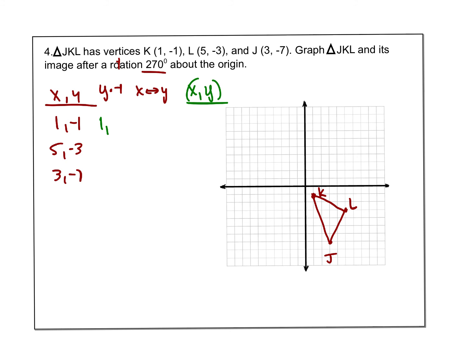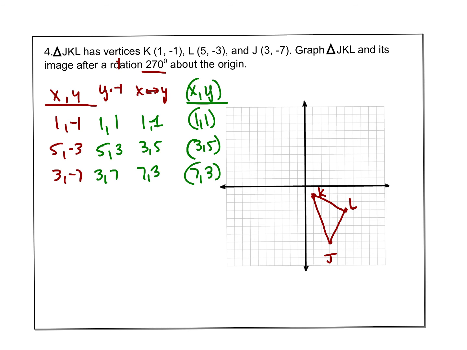So this becomes 1. -1 times -1 will be 1. 1 doesn't matter. So there's my new points. Here, this will become 5, 3. Then switch, it becomes 3, 5. This becomes 3, 7. Then switch, and there are my new points.